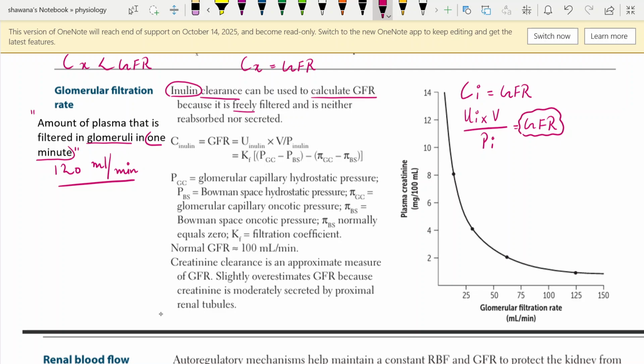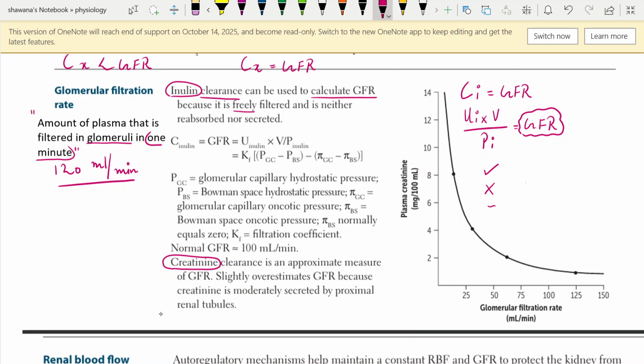right? Another substance is also used to calculate the GFR. It's known as creatinine. But there is an issue with creatinine: it is slightly secreted. It's freely filtered, we have understood that, and it's not reabsorbed, but a slight amount is secreted. It means that the GFR would be overestimated.